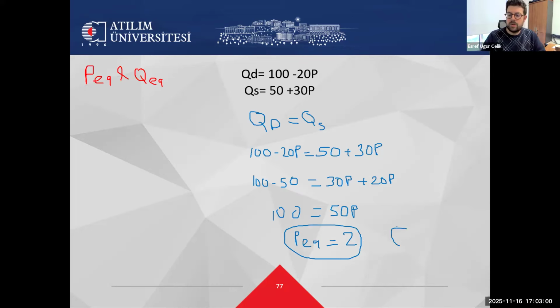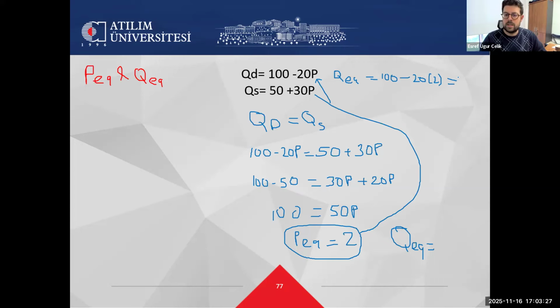What about the quantity of equilibrium? Put that 2 into that one or that one, it's up to you. So the quantity of equilibrium is 100 minus 20 multiplied by 2. This is 60.